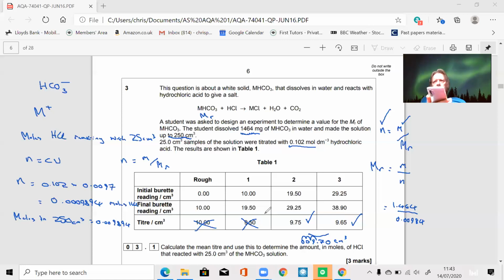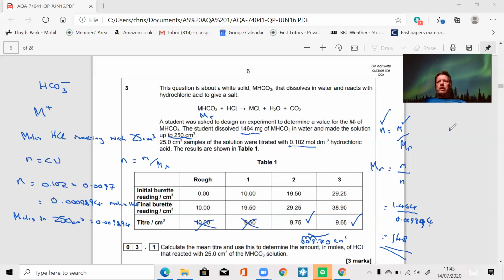I think I've missed something out there, haven't I? That should be a 9 there. And when we do that, let's work that one out then. 1.464 divided by, this time it's 0.00989. 147.9. So we'll round that up to 148. That's the answer to the question. The MR is 148.